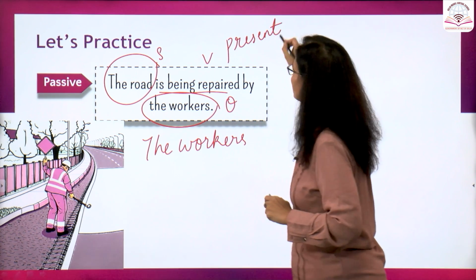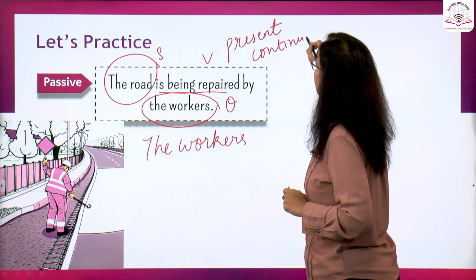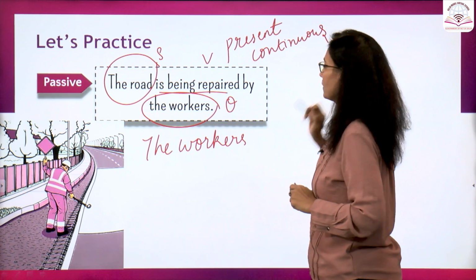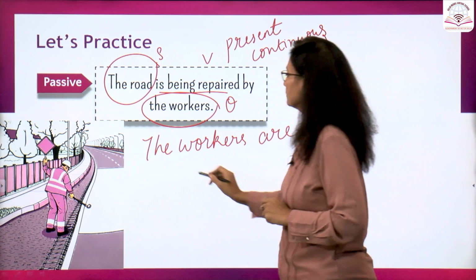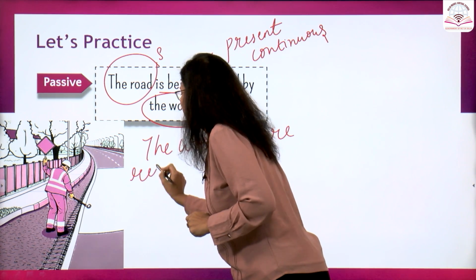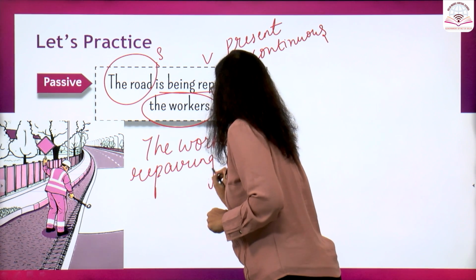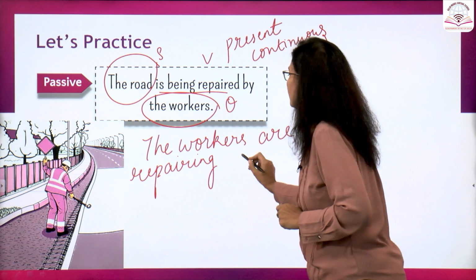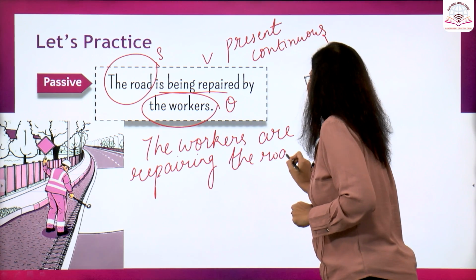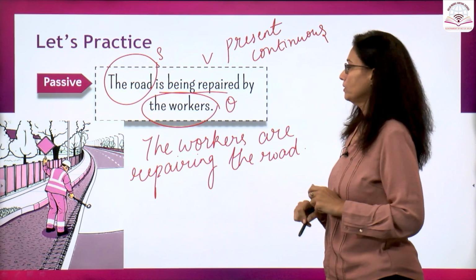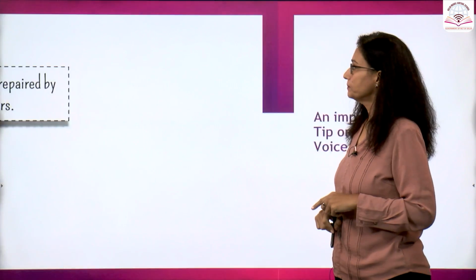Being is used, so the tense will be continuous. The workers are repairing. What are the workers repairing? The road. So this is our active voice. The workers are repairing the road.